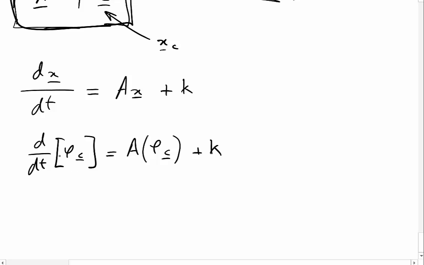Now, what have I got here? I need to consider what the derivative of phi with respect to t is. Does phi depend on t, or can I just treat phi as a constant? Well, phi consists of all of my fundamental solutions, x1 of t and x2 of t.